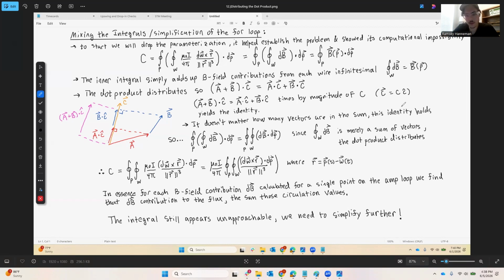And my argument for that, I'm going to keep it to a finite basis. So imagine you have some vector A added to some vector B. So vector A plus vector B maybe looks something like this.